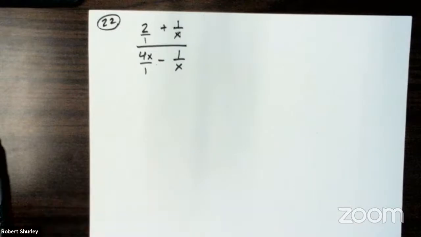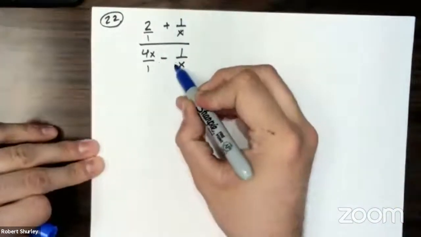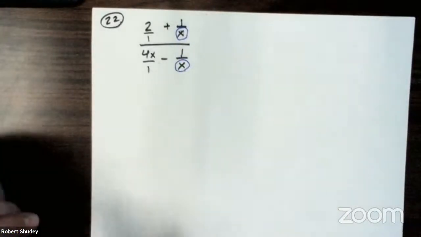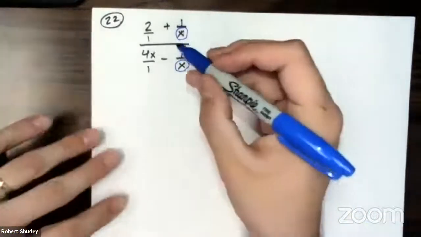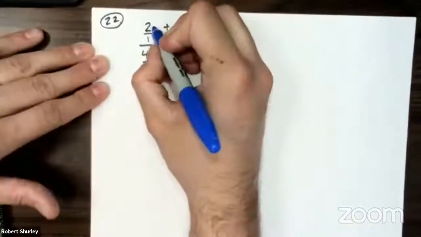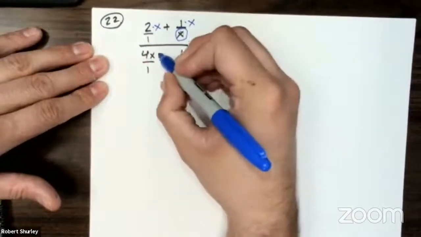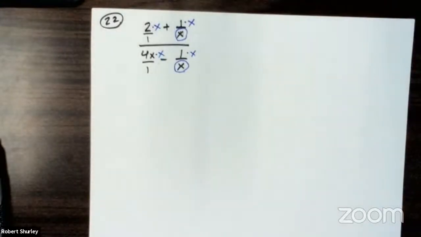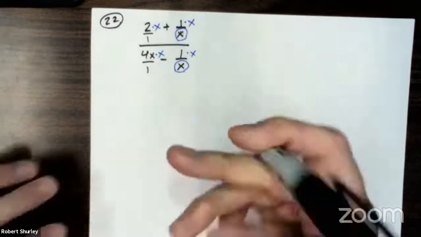If we look at the denominators, we've got x, and the ones that don't really matter because they don't cause any disturbance. So I'm going to multiply all 4 numerators by x. That's the only denominator, so it's the least common denominator.